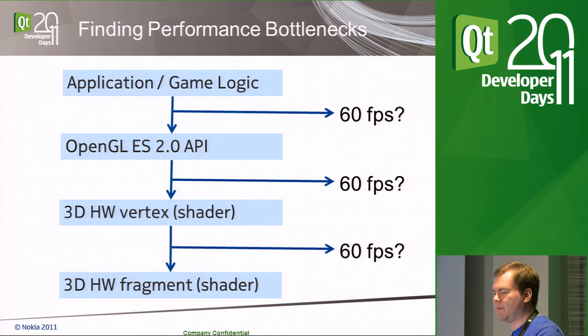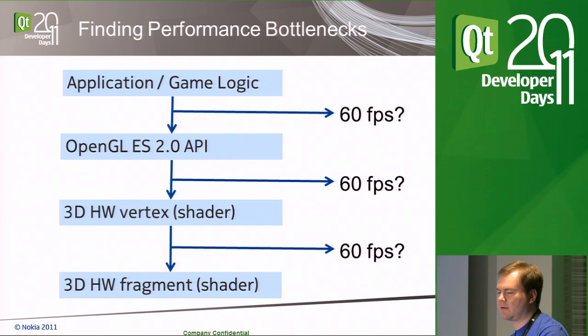But if your app still runs nicely around 60 FPS or even more, then you can enable all OpenGL ES commands except all the draw commands. So then you will find out if you are doing texture uploads or calling these GL get errors or stuff like that.